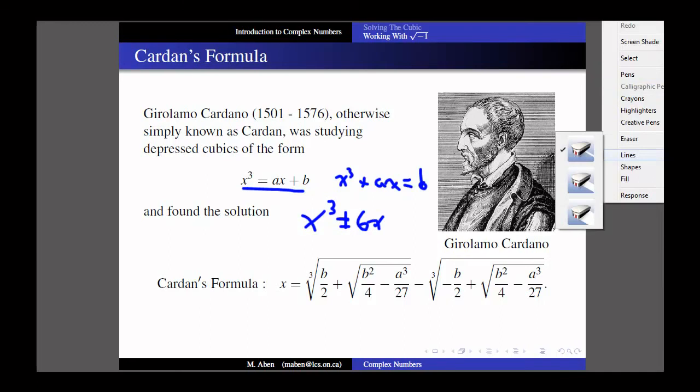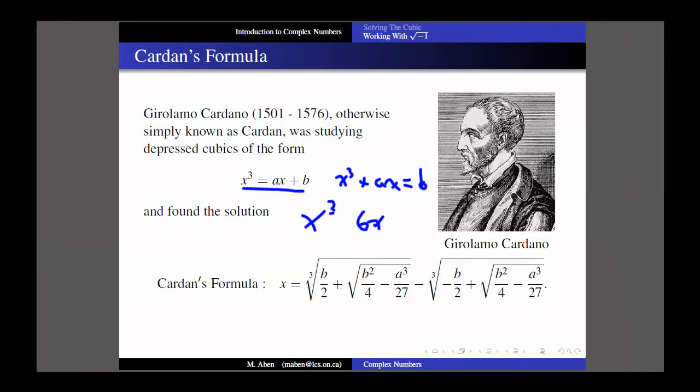There we go. Sorry about that. That's a little better. That's a plus 6x. This was the one we just had. x cubed plus 6x is equal to 20. Can't I just take that 6x term, take it to the other side, and write that? And that would be now an equation in Cardan's form.